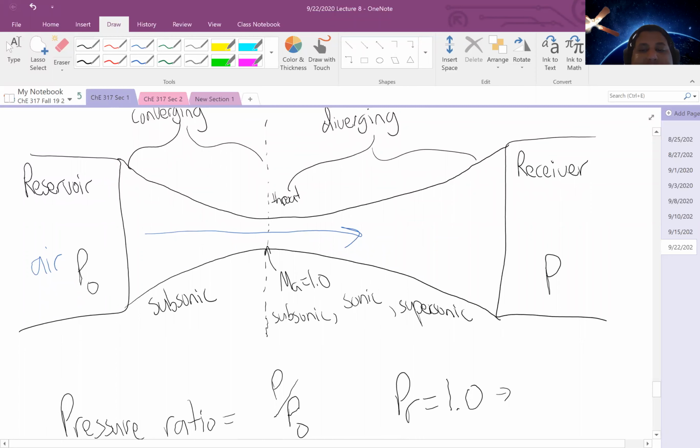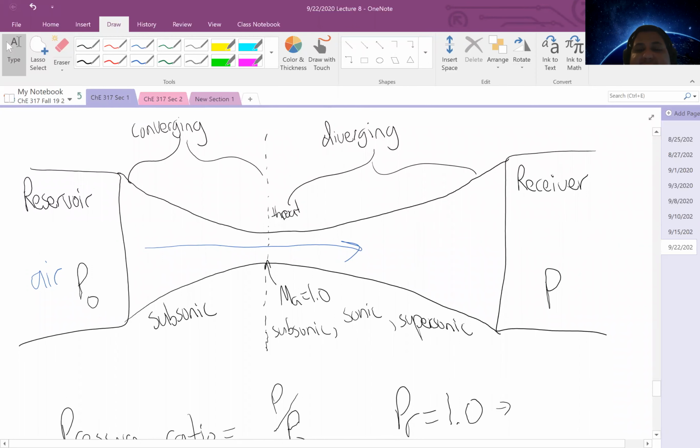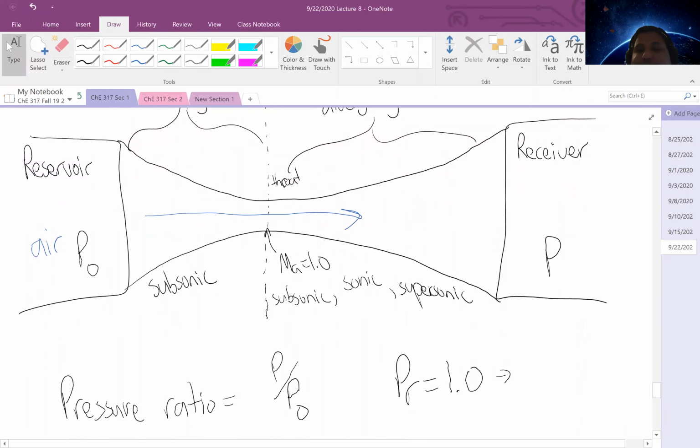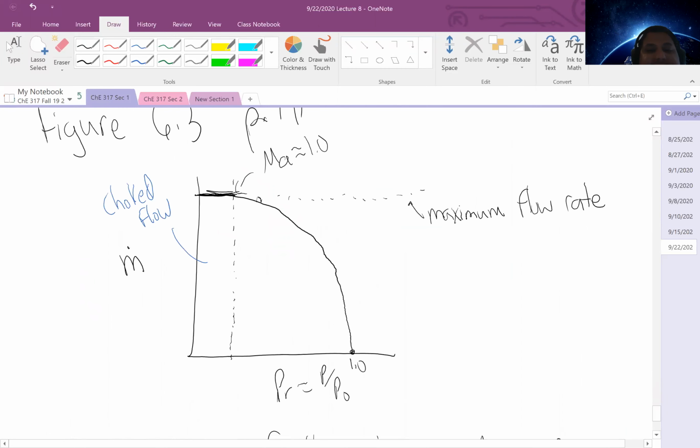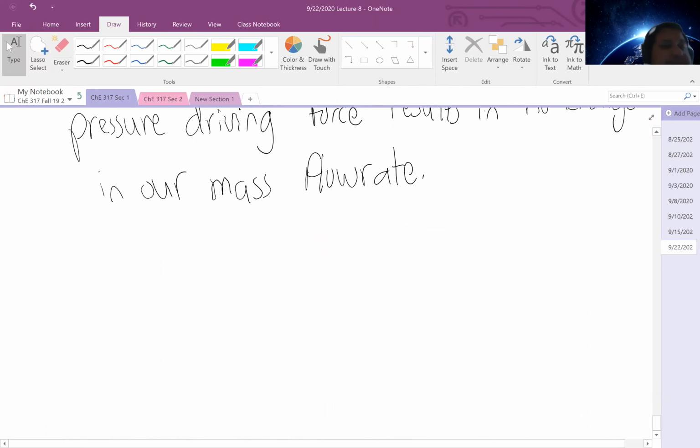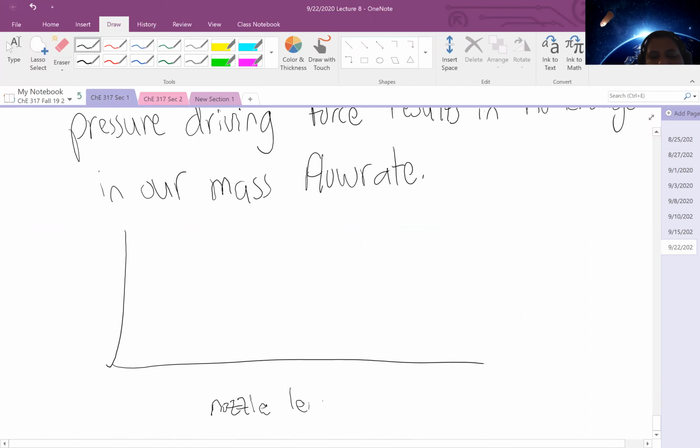However, beyond that specification, you can have a situation where, you see this pretty well in figure 6.2. If you're wanting to describe the pressure ratio as a function of the nozzle length, you can have, let's say, pressure ratios here.